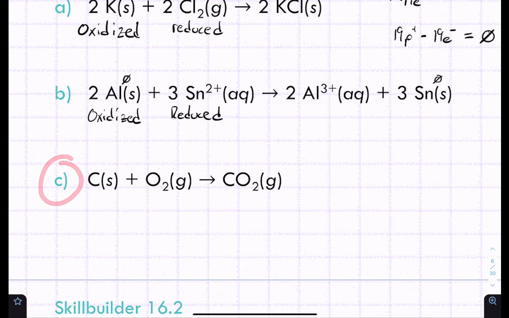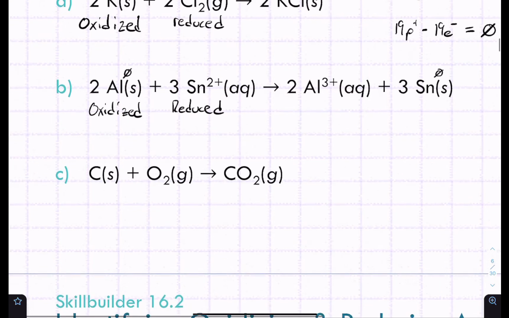So how about for C, what is being oxidized and what's being reduced? This one's trickier. They both start as 0. Here we wouldn't even say that they're 0 charge, but 0 oxidation state.